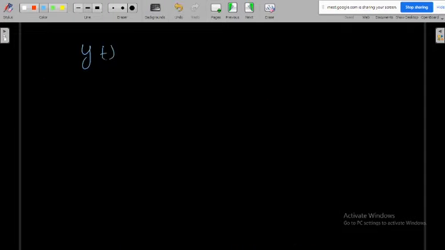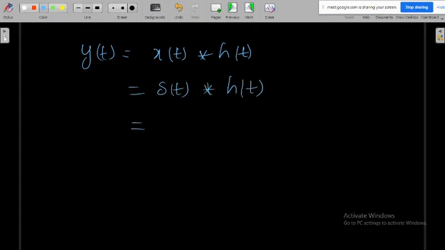So y of t is equal to x of t convolution with h of t; instead of x of t we put del t, so del t convolution with h of t. In future we'll study that the convolution of the impulse function with any other function will give that other function.